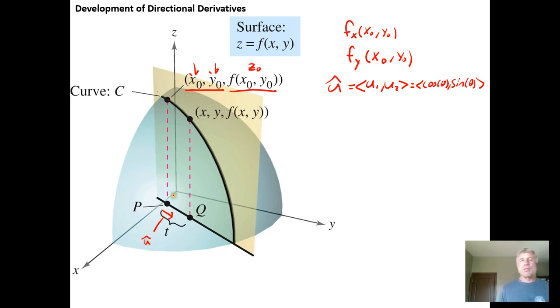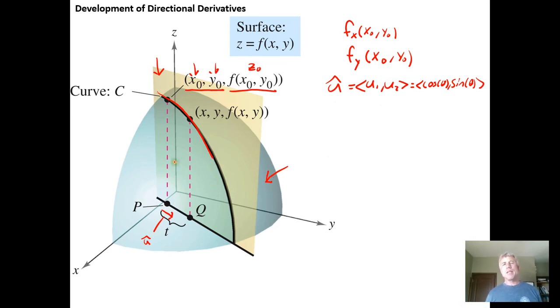We want to find the derivative in the direction of u hat at a specific point x naught, y naught, z naught. Well, what we want to do is establish a plane parallel to u hat, but perpendicular to the xy plane, so that that plane right here intersects the surface that we're working with, and it intersects it in a line right here.